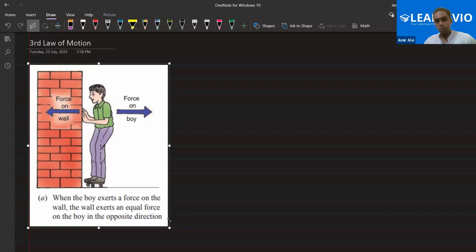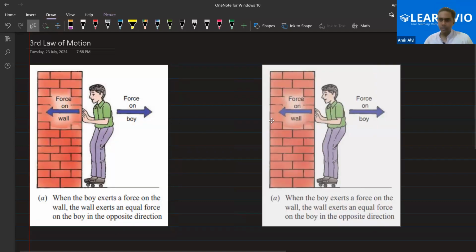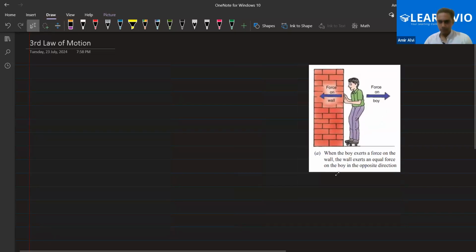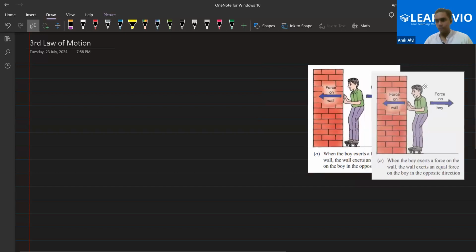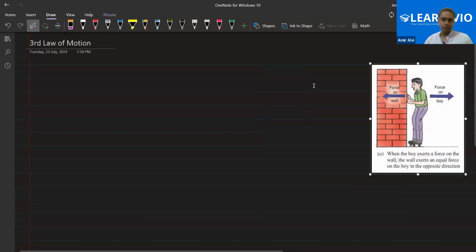Let me put this picture aside. This is a law of nature, because whenever we exert some amount of force, for example, I'm sitting right now, so I'm exerting force on the ground.